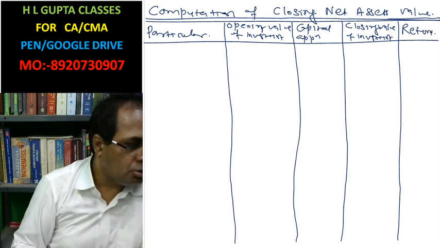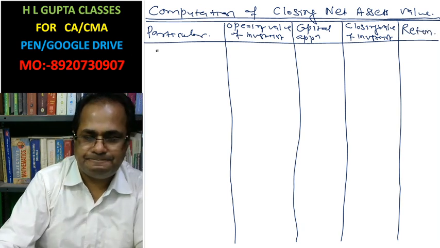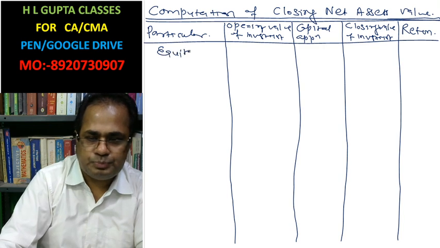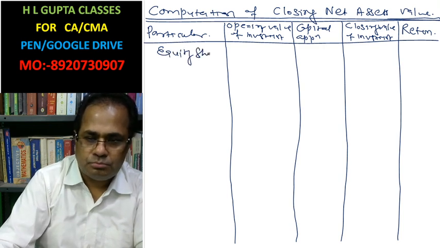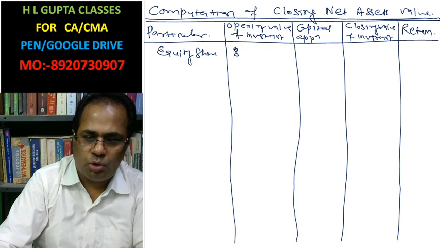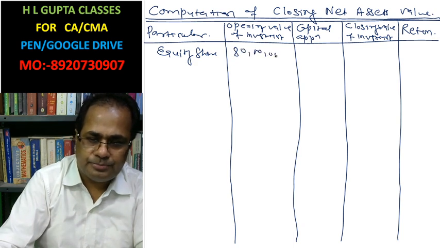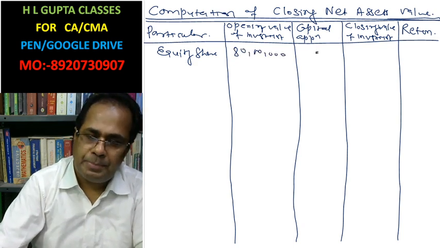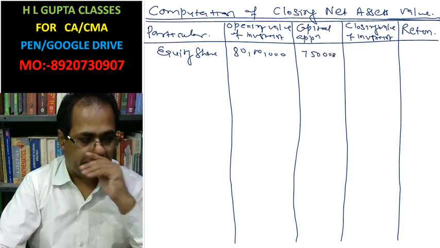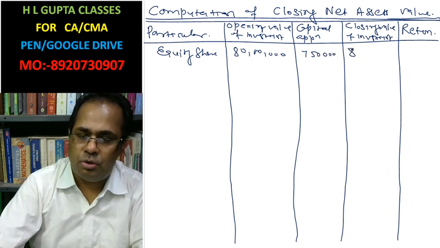Look at it. Equity share: the opening value is 80 lakh, capital appreciation 7 lakh 50,000, closing value 87 lakh 50,000.